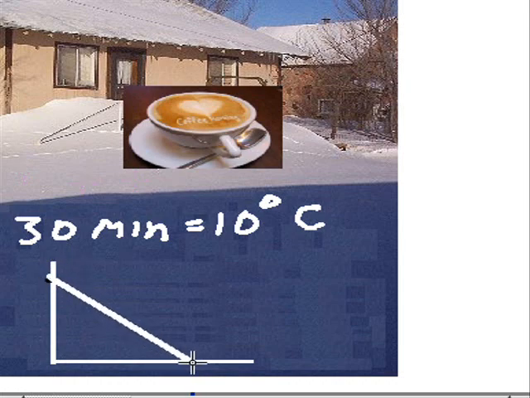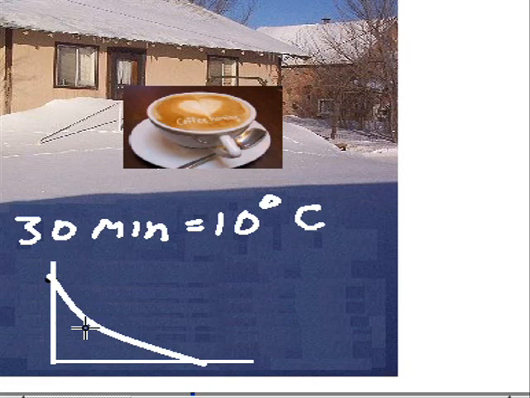It got cooler and cooler, and finally it got as cold as the outside. It went to 0, as cold as the outside environment. But did it do so just in a straight line, or did it get dropped down real quick in the beginning? Yes, it dropped down real quick in the beginning. Super quick in the beginning.